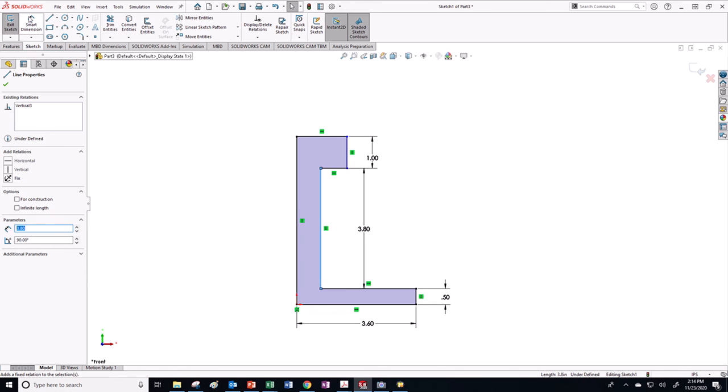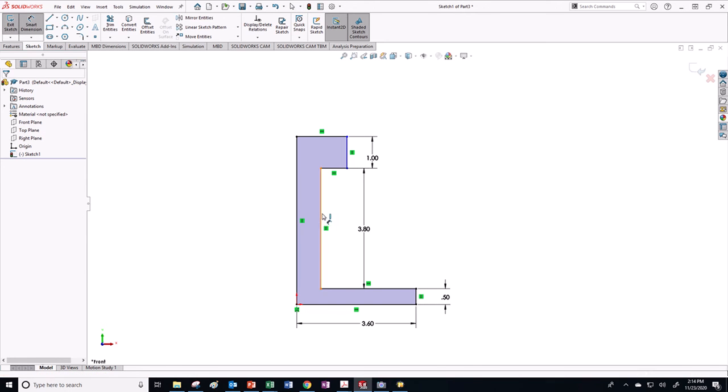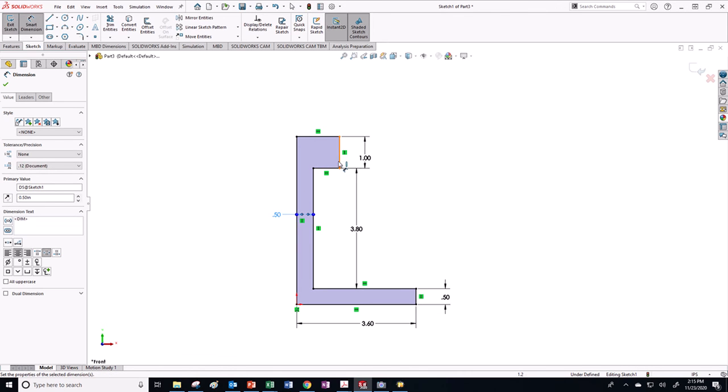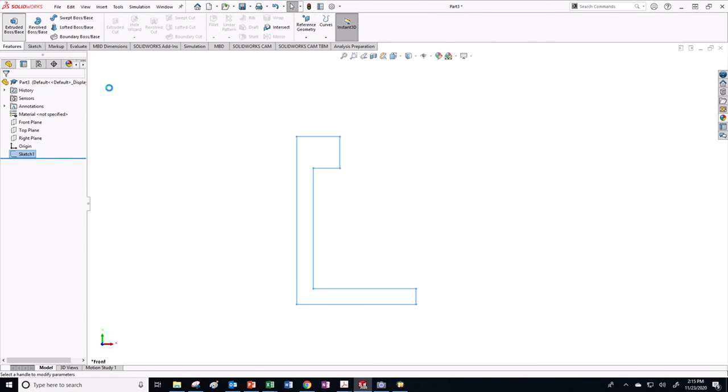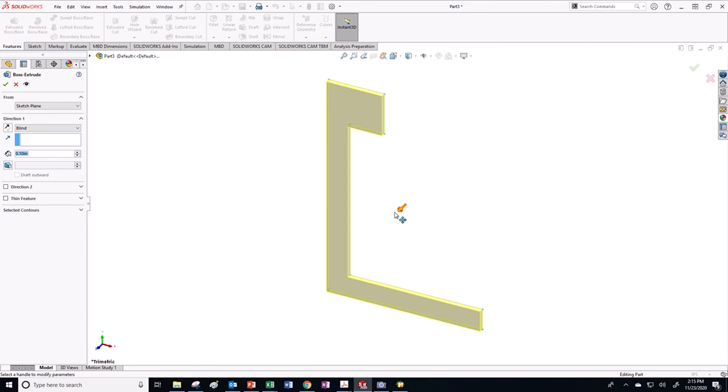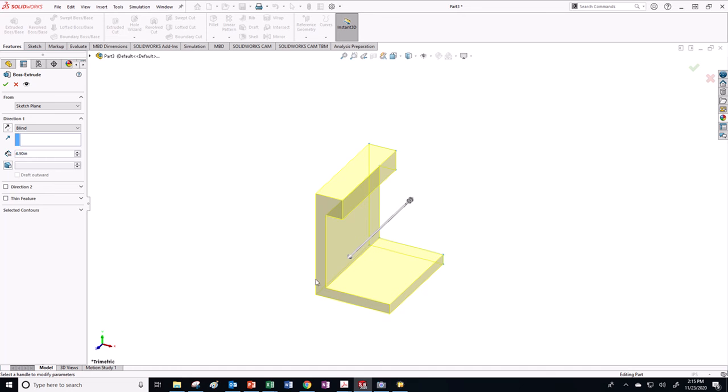Alright, so now we come back. This thickness was 0.5, wasn't it? And this guy was 1.3. Boom, everything is black on this. Okay, so I'm just going to extrude it out. Don't need to even have any particular length of extrusion here.